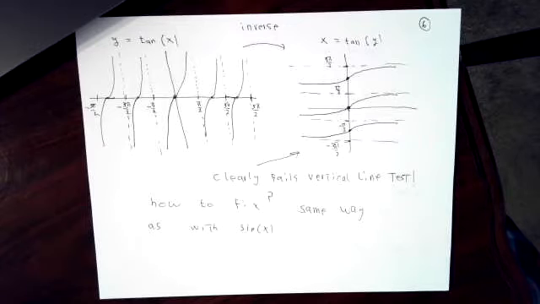If we look at the tangent function, whose graph I've drawn here, the graph of y equals tangent of x, you'll notice this has an infinite number of vertical asymptotes, as they're called, places where the graph basically goes vertical on you. When I interchange the x and the y, that means there's an infinite number of horizontal asymptotes.